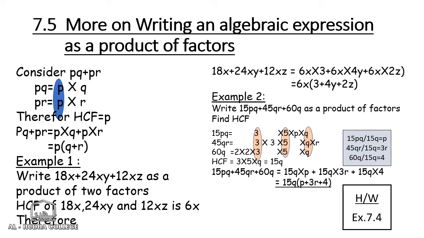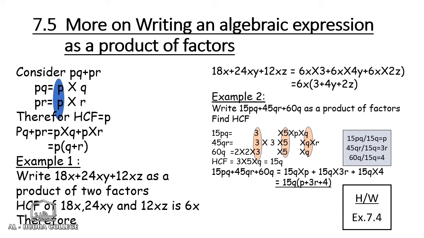Right. The example is, write 15pq plus 45qr plus 60q as a product of factors. So the first step, you should find the HCF, because HCF is going to be one of the factors. So find the HCF first. In order to find the HCF, 15pq can be written as 3 into 5 into p into q.